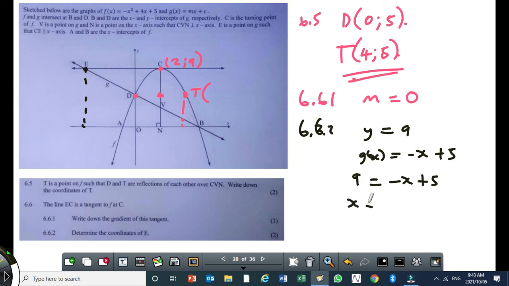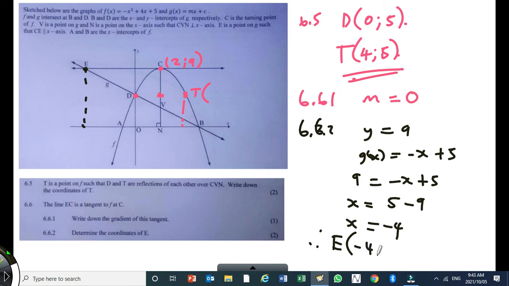And this will give you x equal to 5 minus 9. You will get negative 4. Therefore, the coordinate of E: X is minus 4, Y is 9. Then you're done. It was not difficult at all. Where two functions intersect, their x and y values are the same.